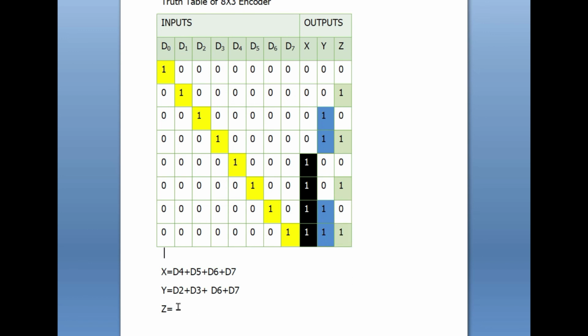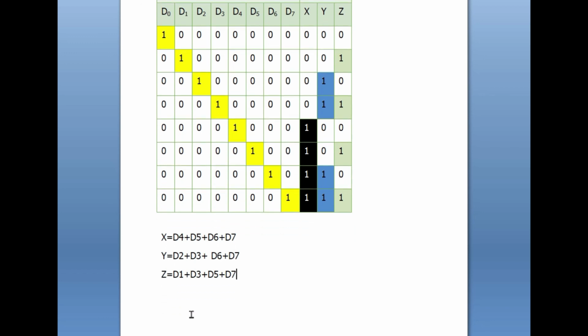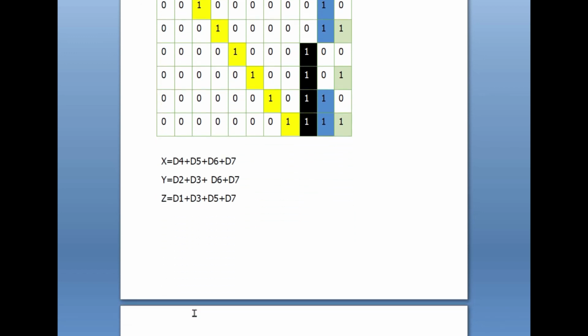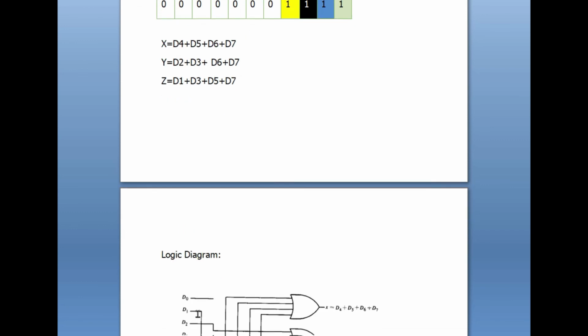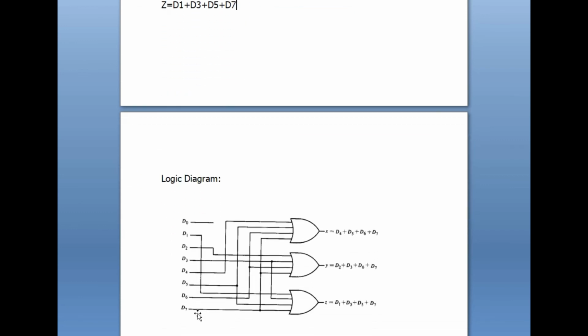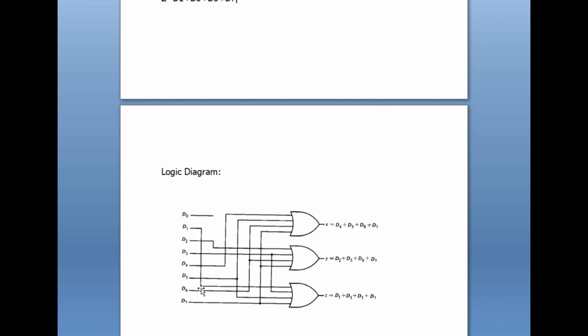So we can write Z = D1 + D3 + D5 + D7. Then we have to draw the logic diagram for this. The corresponding logic diagram will be like this, or you can put 8 vertical lines and make the tappings from there, like we do in the decoder. Thank you.